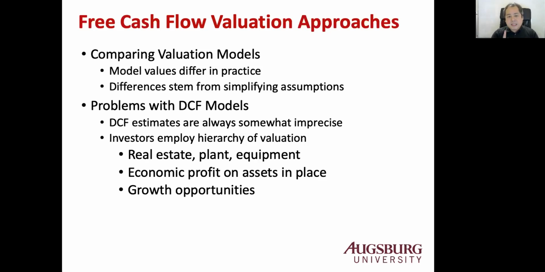So DCF estimates are always somewhat imprecise, because this is estimation. G is very heavily related to the values, so the growth rate is very important. So investors employ a hierarchy of valuation in many ways, depending on the situation.